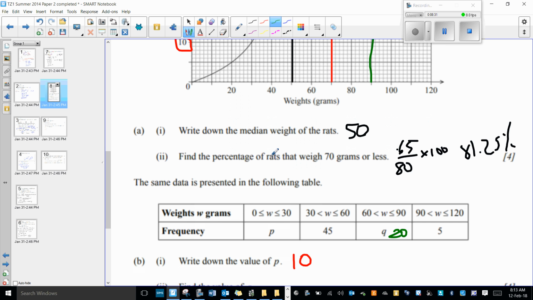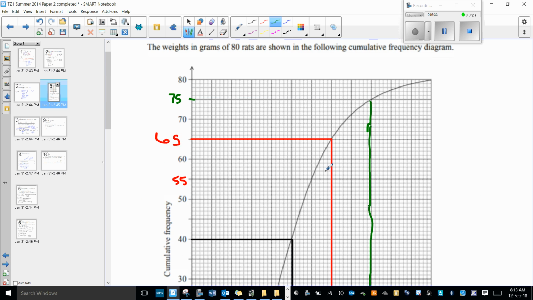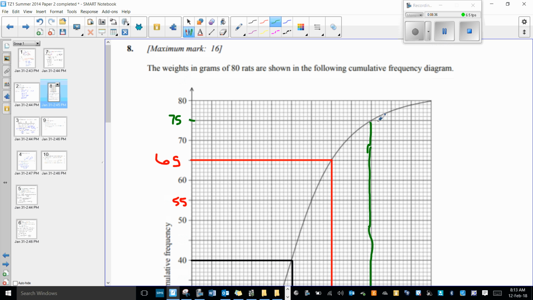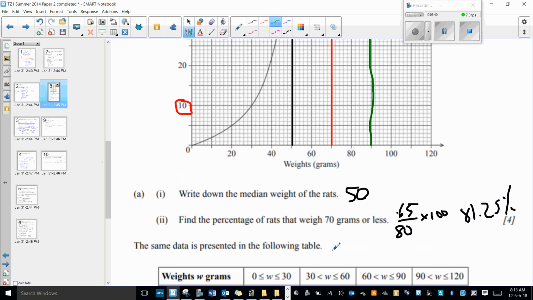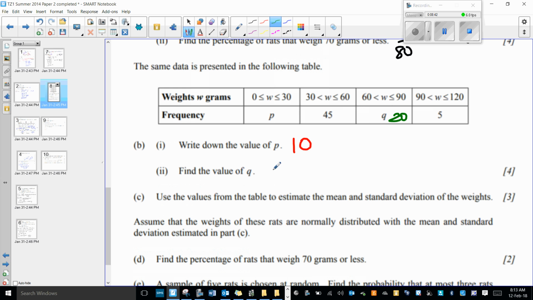And from 90 to 120 was that last 5. Okay, we're good to go. So that was 20. Use the values from the table to estimate the mean and standard deviation.